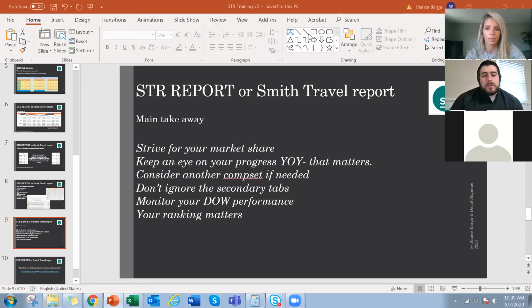The truth is, and again, this is just my opinion, we're going to see some wonky STAR reports next year. We're going to see growth year over year, both for us and the comp set. But there's going to be a lot of wonky stuff, and that goes back to the response tab. If you look at that response tab, you may see a lot of T's.